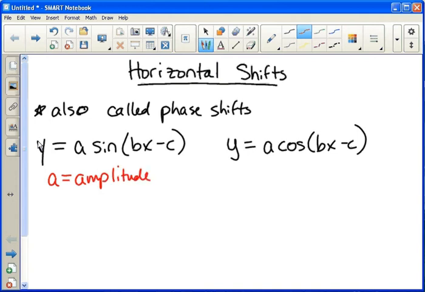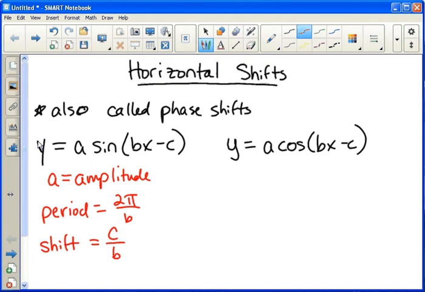Okay, we still find the period by doing 2 pi over b, but you notice there's a new letter I've added, and that's c. And c is going to have to do with horizontal shifts, as you see I've written up top. These are also called phase shifts, but the horizontal shifts have to do with the c. To find the horizontal shift, you need to do c over b.